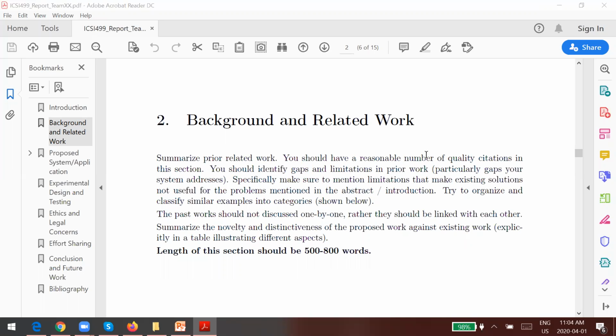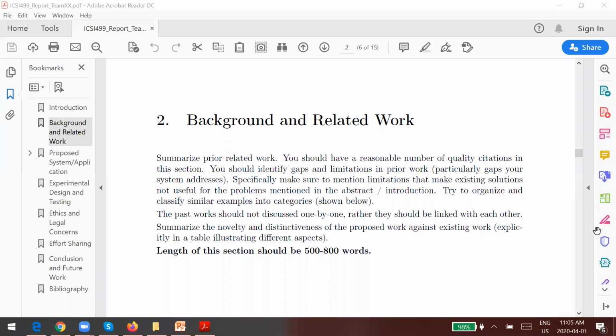Now you need to show how this work is different from your previous work which you did in some other course in the past semesters. Or let's say you're doing another course even in this semester and that work is somehow related to this work, so you have to be very clear how this work is different from that work, and if there's any overlap, how much is that overlap, and whether that overlap is minor or significant.